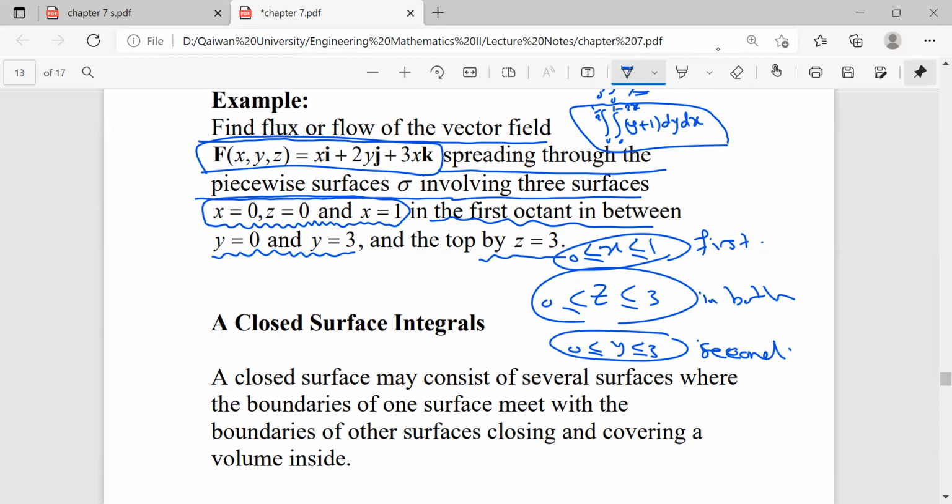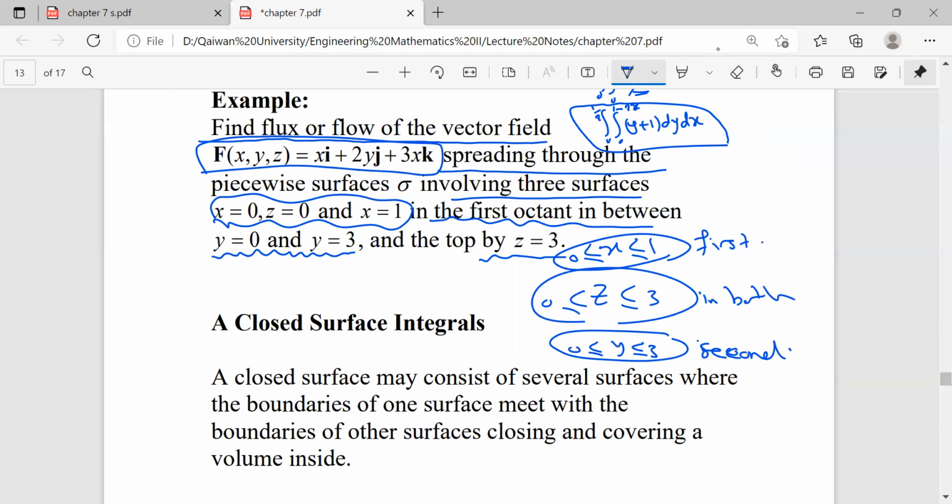Look, in the first one, we have only x and z. We have no y, so the normal vector can be obtained directly from this. We say the normal vector is only j, because x and z are constants but y is not given.